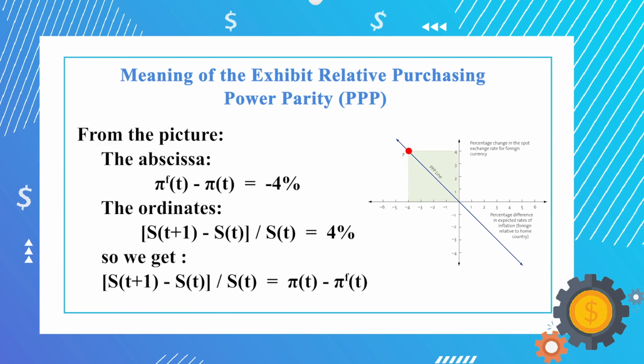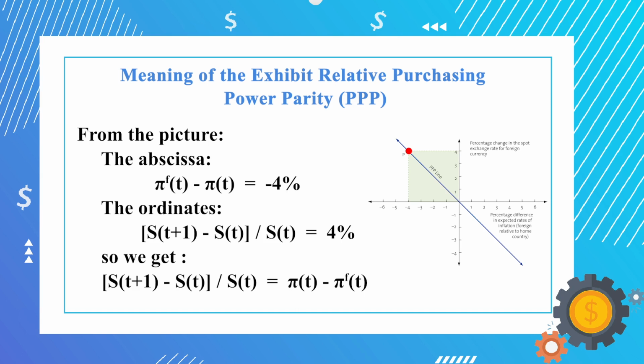From the picture, the abscissa of P is pi_Tf minus pi_T equals negative 4%. The ordinate of P is (S_T+1 minus S_T) over S_T equals 4%.